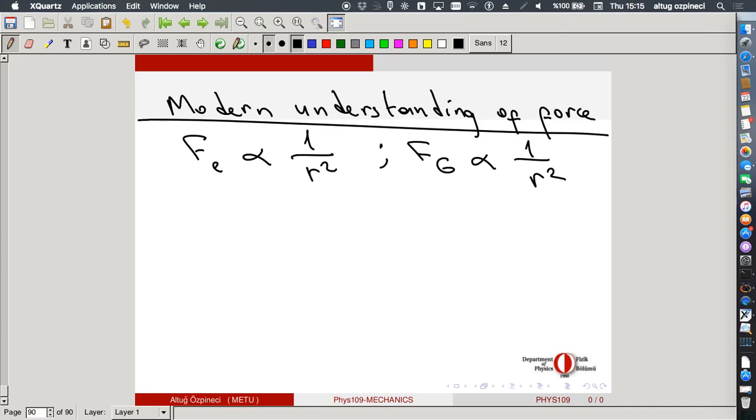Now we have an explanation for this one, because nowadays, when we say force, at least Newton defined it as something that causes acceleration. In the modern particle physics understanding, there is actually not a real force, in the sense that what is actually happening is we are just exchanging particles. Let's say he is one charge, a positive charge, I am a positive charge.